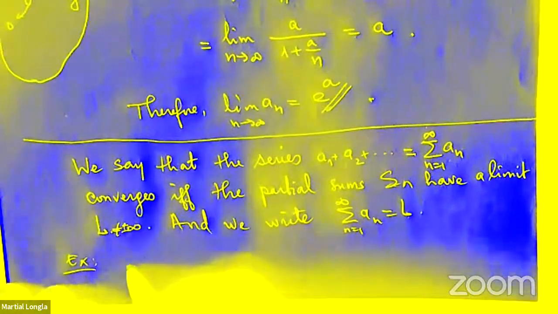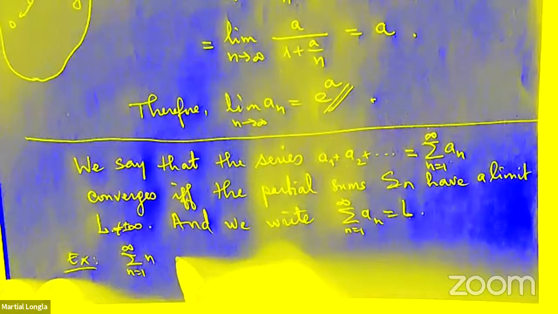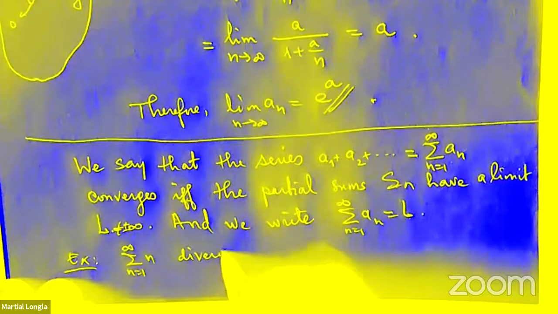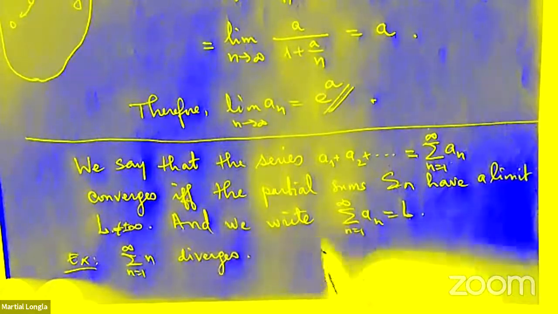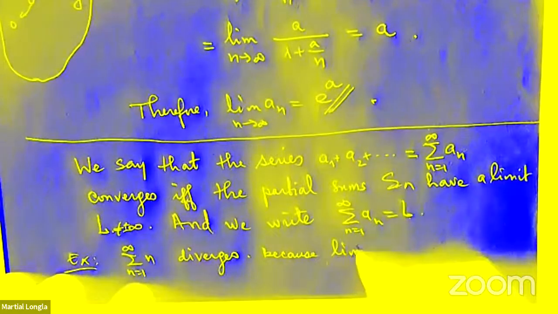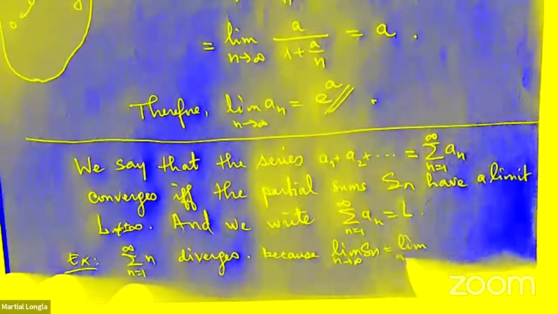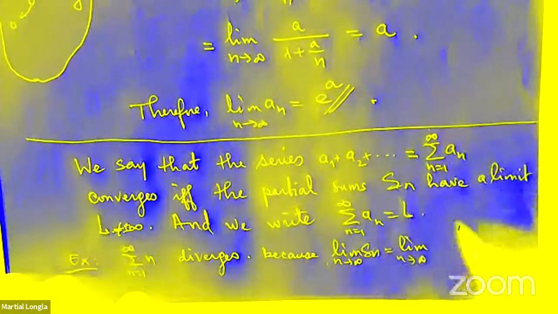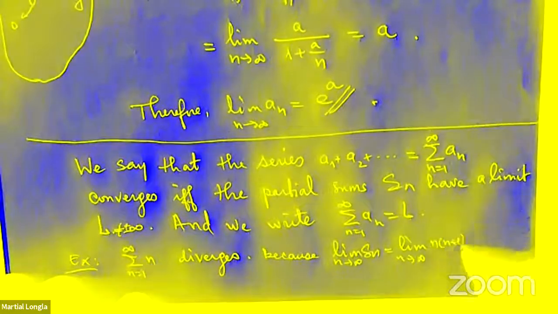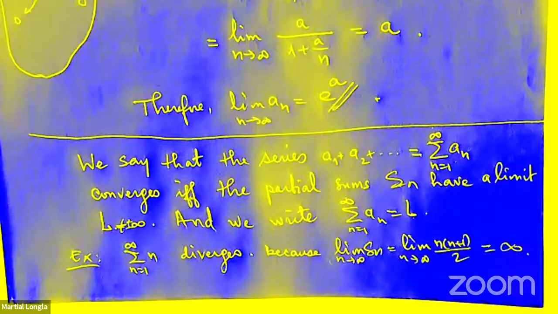So the sum n from 1 to infinity of n diverges because the limit of Sn as n goes to infinity equals the limit as n goes to infinity of n times n plus 1 over 2, and this limit is infinity. So when that limit is infinity, you say it diverges because that limit is not finite.